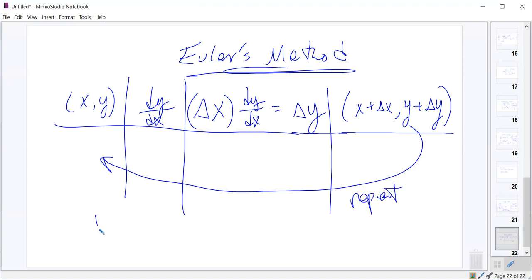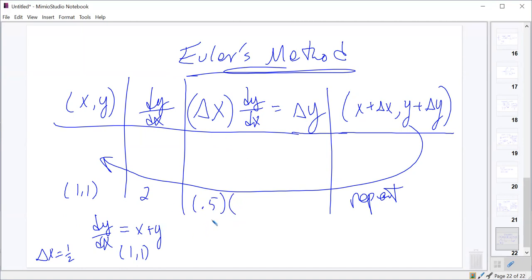Effectively, I'm not going to go through the whole thing, but if I said dy/dx is x plus y, and we were starting at the point (1, 1), and our delta x was going to be 1/2, we'd start at (1, 1). Our dy/dx would be 2. Our delta x, like we just said, is 1/2, times our dy/dx, which was 2, giving us a delta y value of 1, giving us a new point of 1.5 for x, our x plus our delta x.